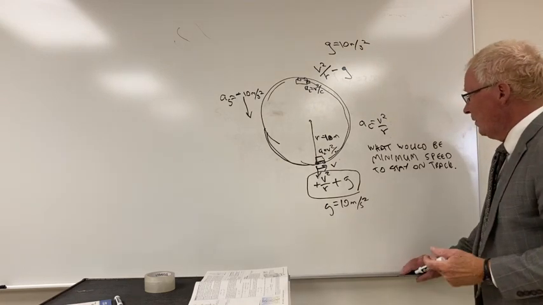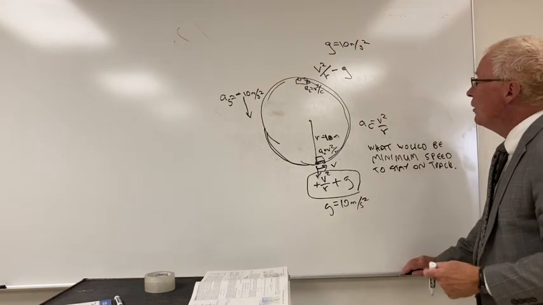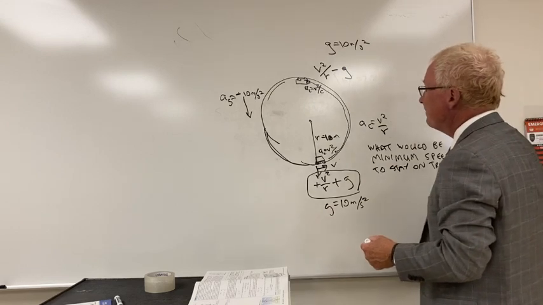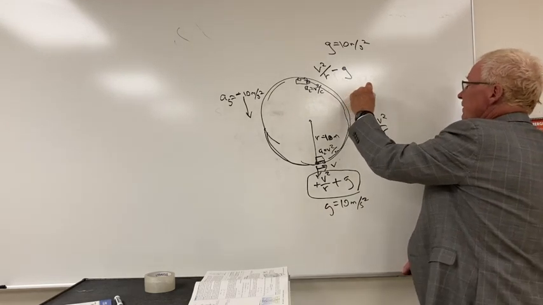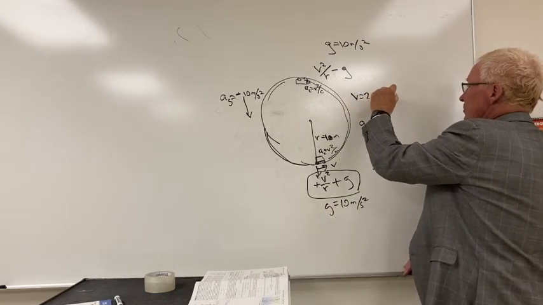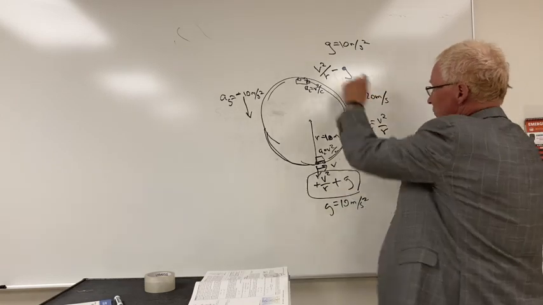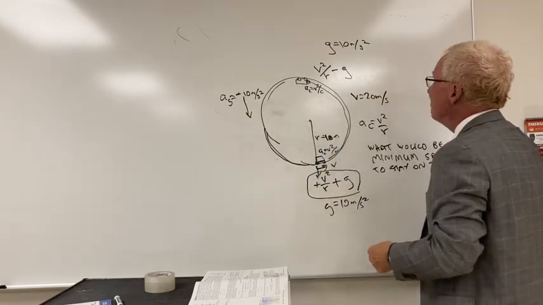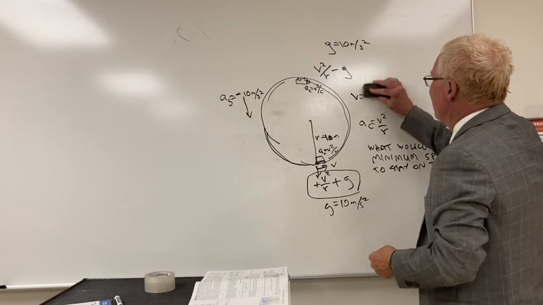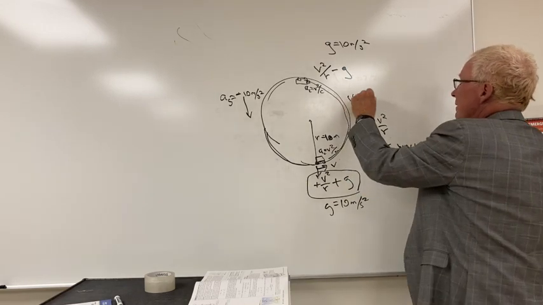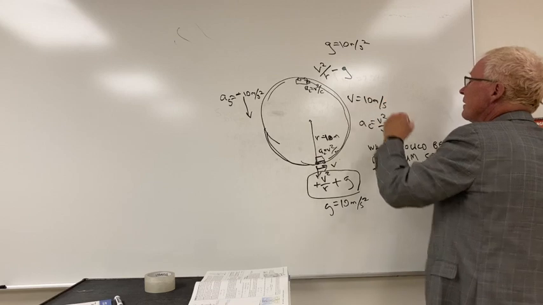All right, so let's pick an example where v is 20 meters per second. Well, let's make it 10 meters per second.